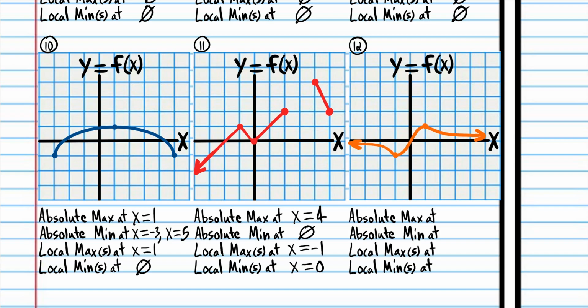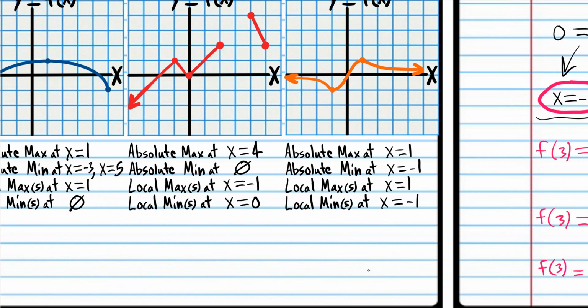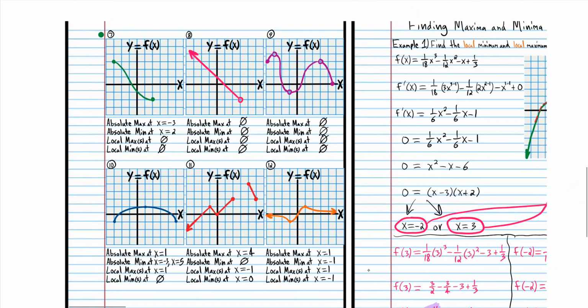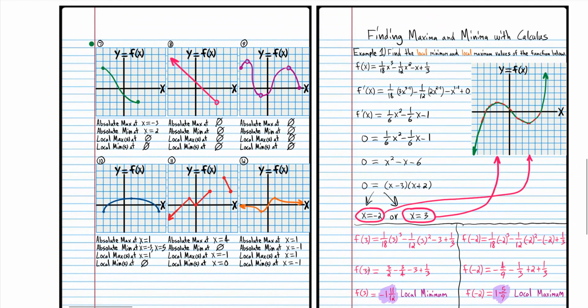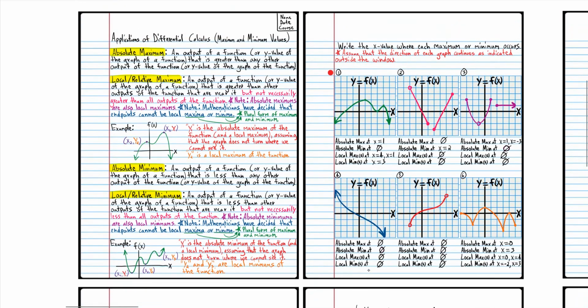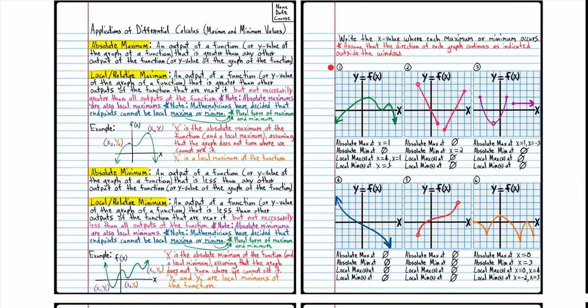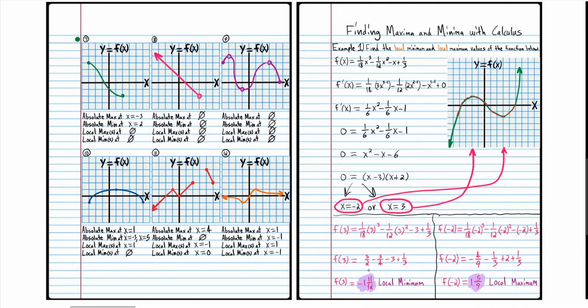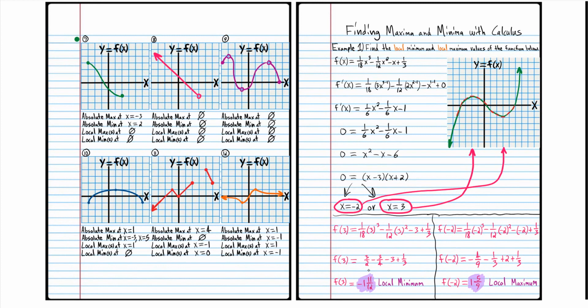All right, we're back. Okay, so that helped you to just get the idea of what these terms refer to. But now we're going to learn how to find maximum and minimum values of functions using calculus.